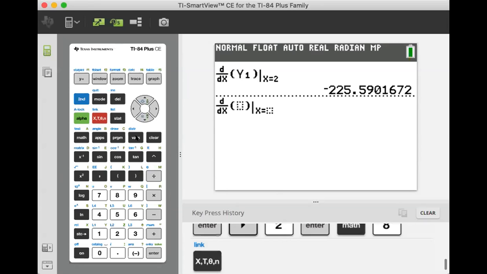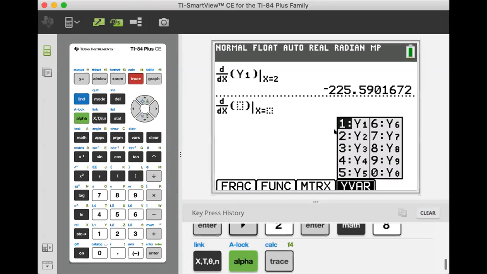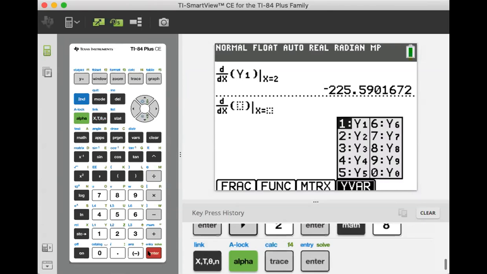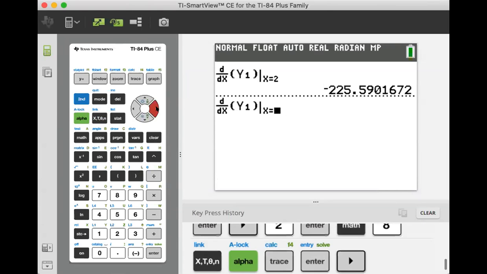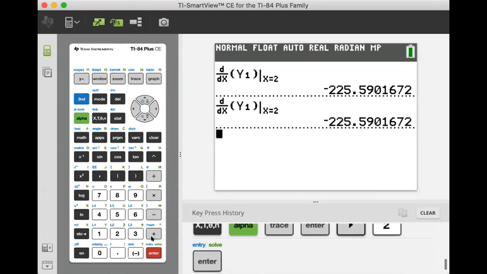It's in variables here, but the shortcut, if I hit alpha trace, that's going to pull up F4 here, and these are the shortcuts for F4. And there's Y1, Y2, Y3, Y4, all of those. And so Y1 is highlighted. I'm going to hit enter. So alpha trace enter will give you the Y1. And then I'll plug in 2 and I get that.